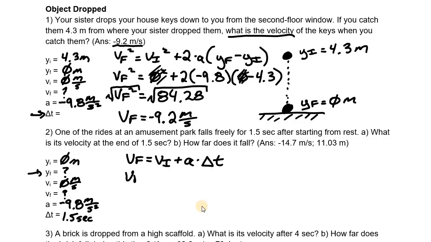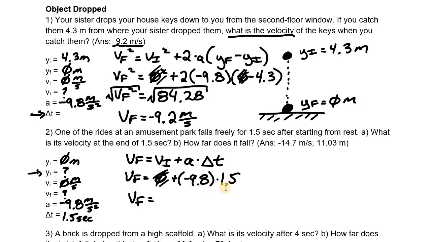So VF is equal to VI, which is 0, plus our negative 9.8 times our time, which is 1.5. When we plug this into our calculator, this 0 provides no value, so we can get rid of it. We have a negative 9.8 times a positive 1.5.